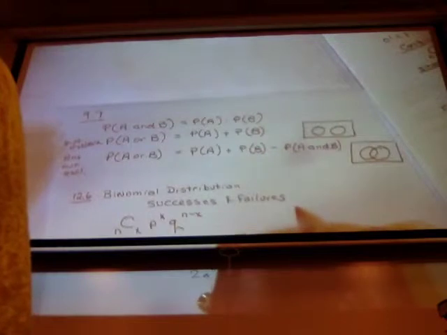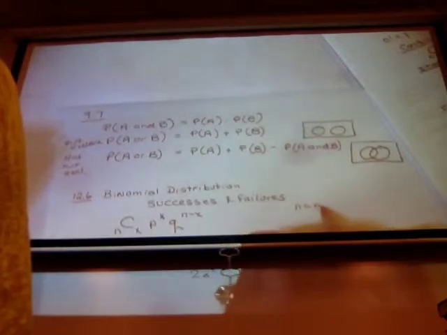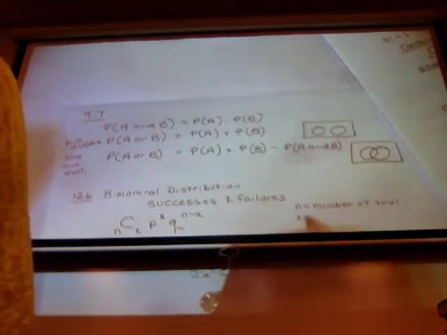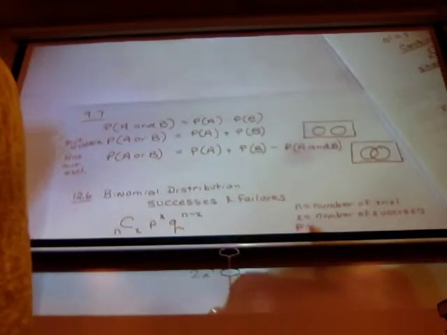On here, n stands for the number of trials. x stands for the number of successes. p is your probability of success.